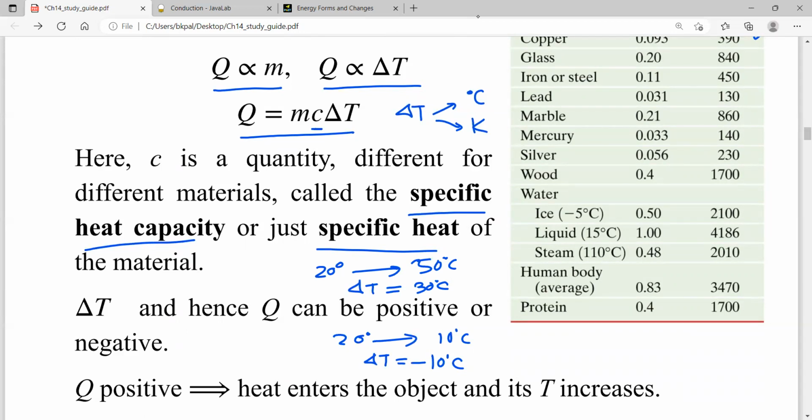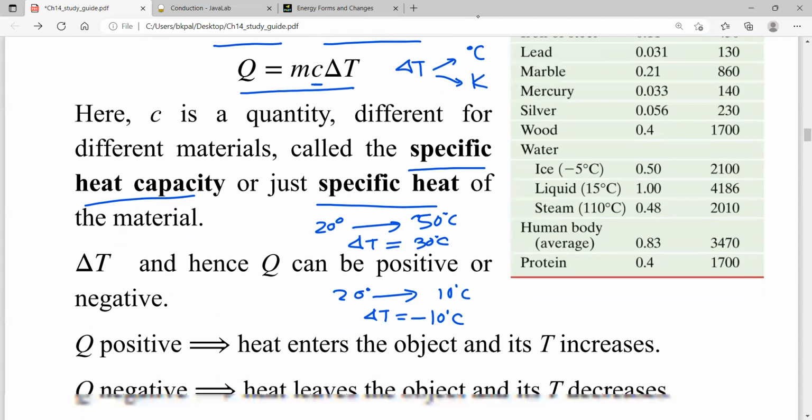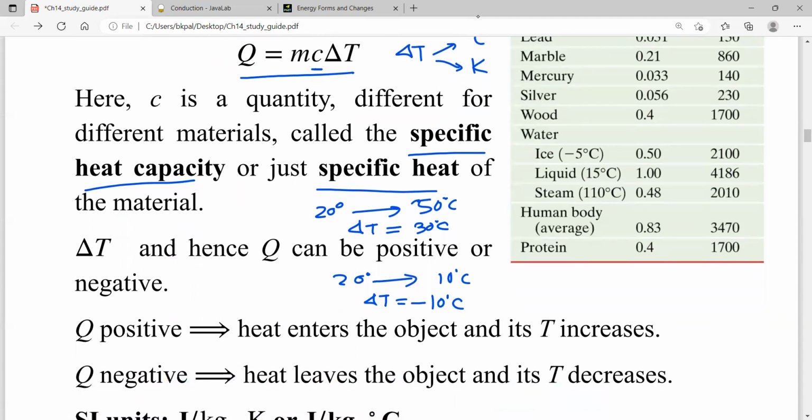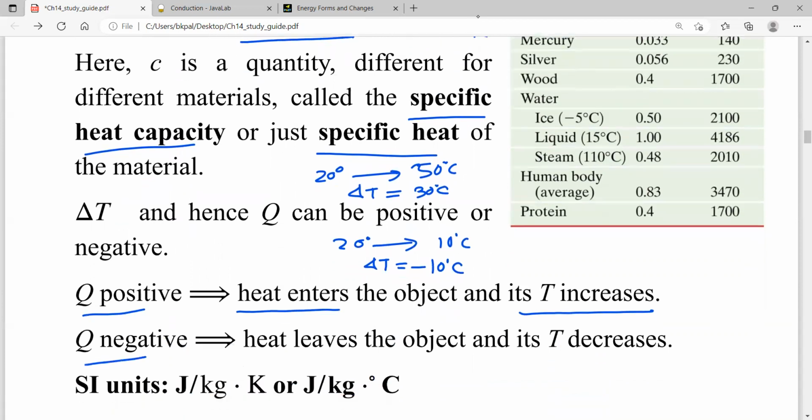Because of that, the sign of Q can be positive and negative. Remember that this is the convention: Q is positive when heat enters. When heat enters the object, the temperature T increases, and temperature increasing means delta T is positive. And Q negative means heat leaves the object, and that means its temperature decreases, and temperature decreasing means delta T is negative.